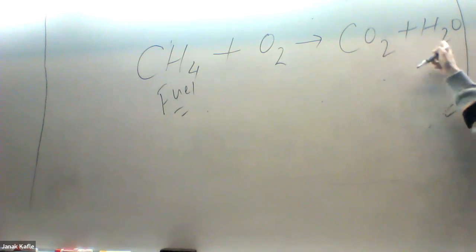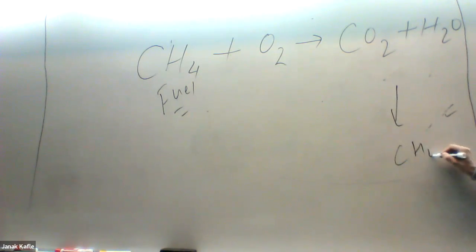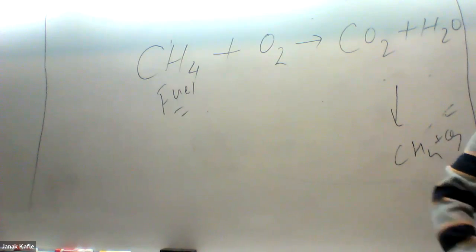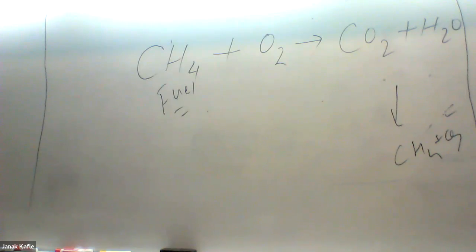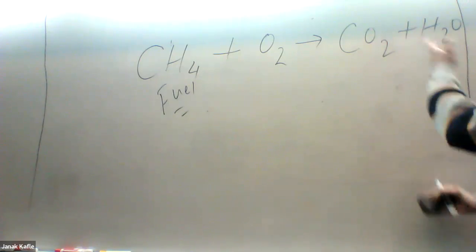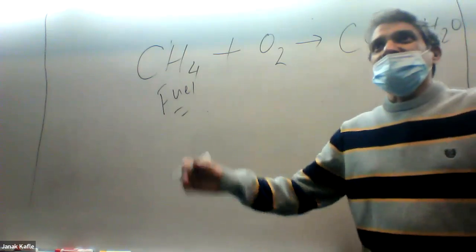If you could easily combine them and give back methane and O2, you could just fill the car with that and drive again. So this kind of reaction is called a one-way reaction. This is an irreversible reaction, burning gasoline with oxygen.